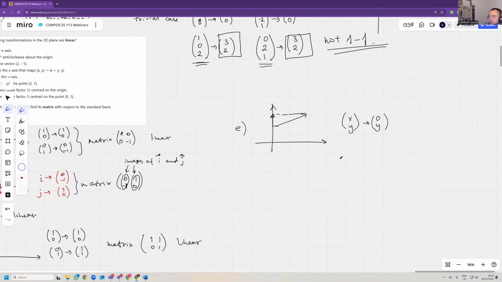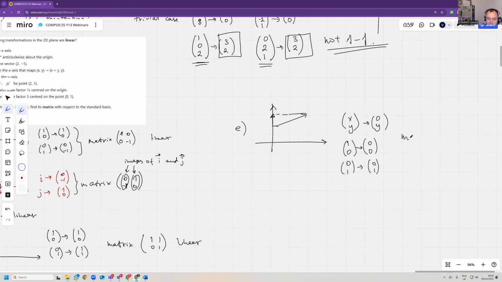Oh, it does look like a linear transformation. So the vector (1, 0) is transformed onto (0, 0). Vector (0, 1) is transformed onto vector (0, 1).